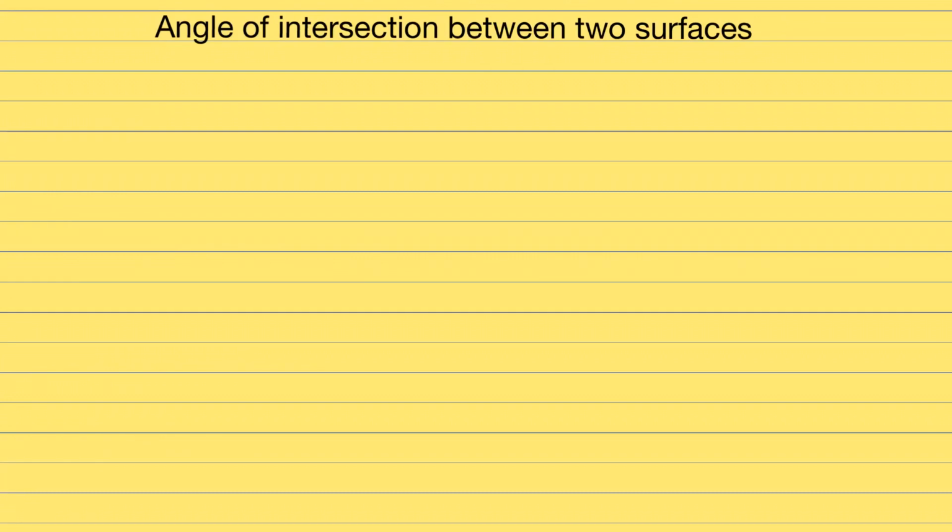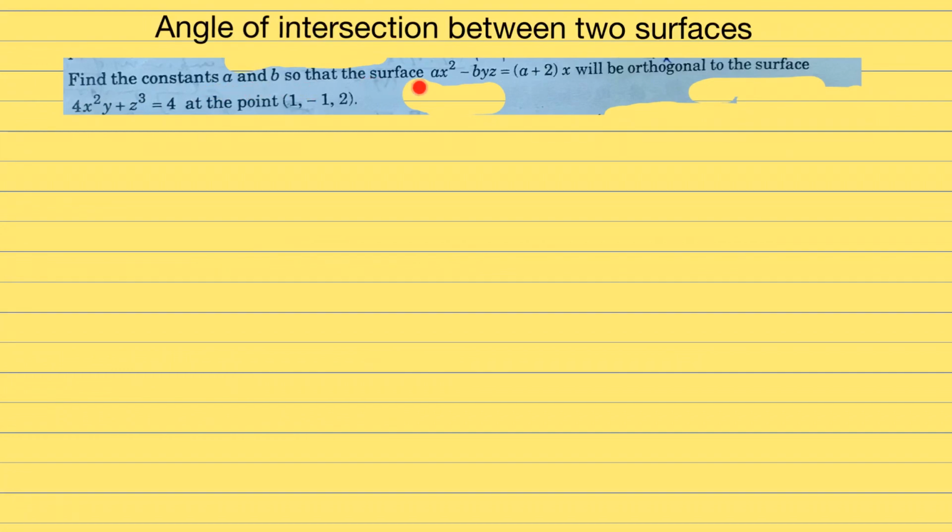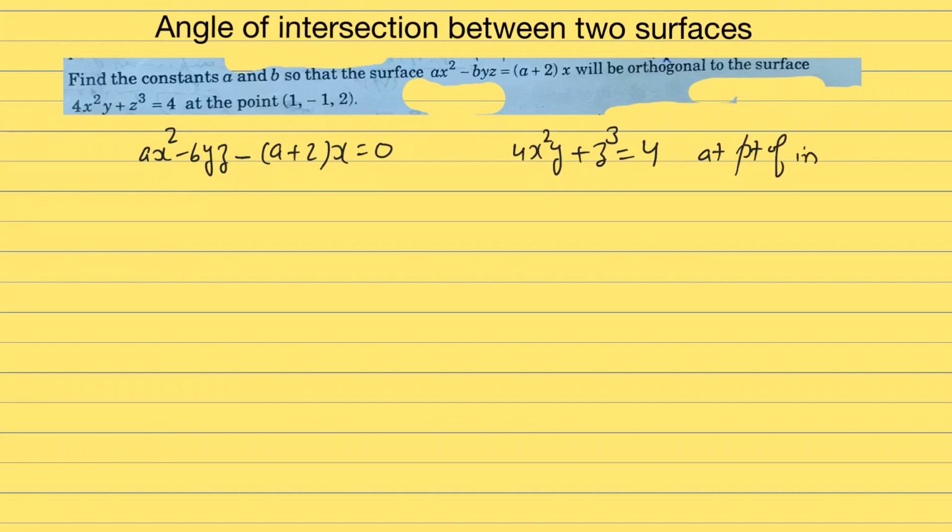So the question is: find constants a and b so that the surface ax square minus byz minus a plus 2x equal to 0 is orthogonal to the surface 4x square y plus z cube is equal to 4 at the point of intersection 1, minus 1, 2.